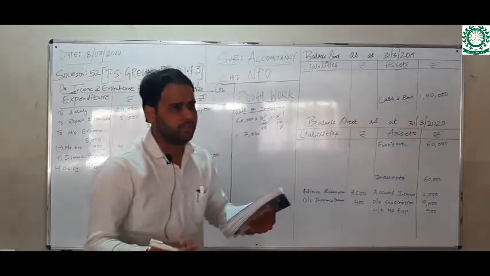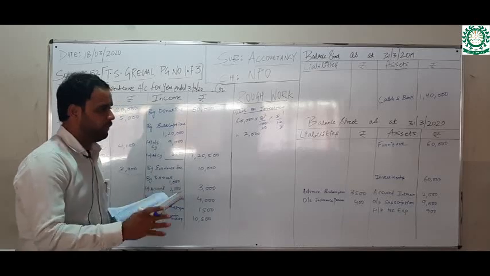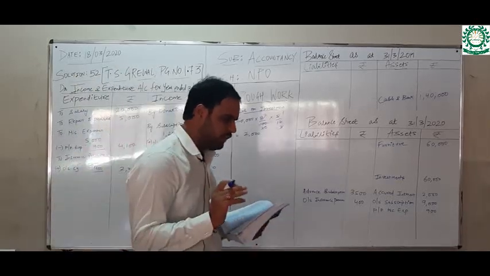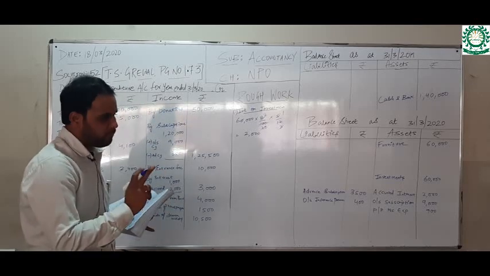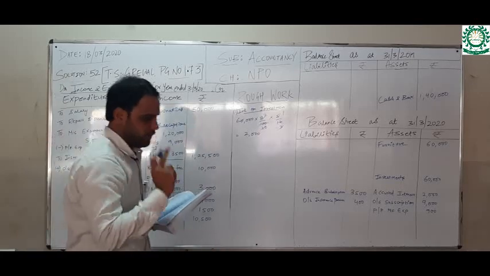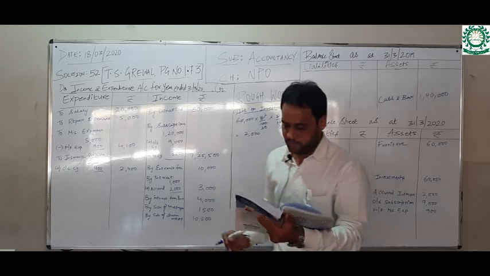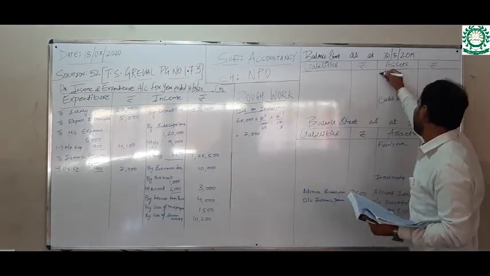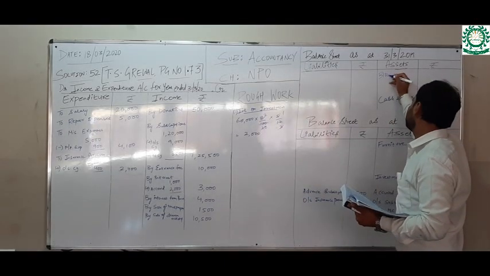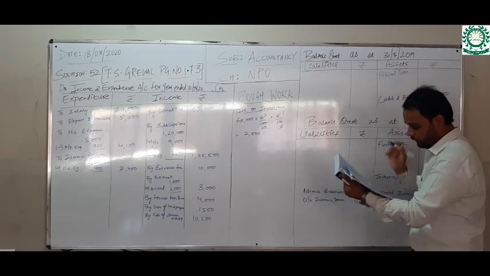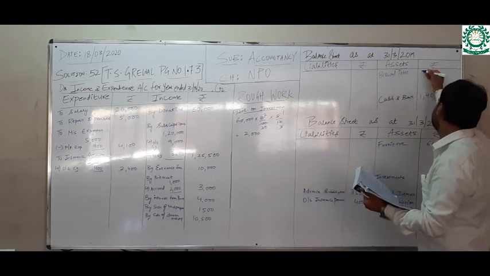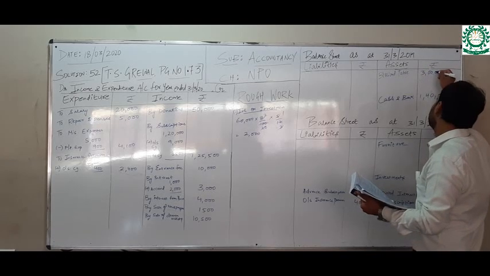He is clearly saying we have purchased billiard table during last year. Now billiard table is our asset and we purchased it last year, so that billiard table will appear in last year's balance sheet, that is opening balance sheet. So in opening balance sheet I am writing billiard table. Yes, the amount is 3 lakh.